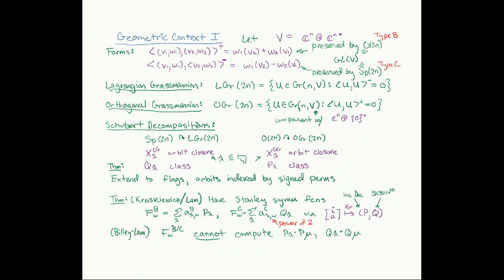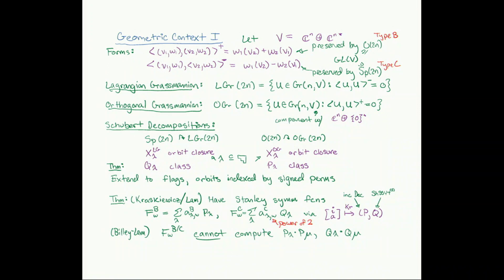So this vector space comes with two canonical inner products. The first one is the inner product of v1, w1 with v2, w2. So remember, v's are vectors, w's are dual, right? They're functionals, and so that means that they're evaluated at vectors. So we can define an inner product where we apply w1 to v2 and w2 to v1.